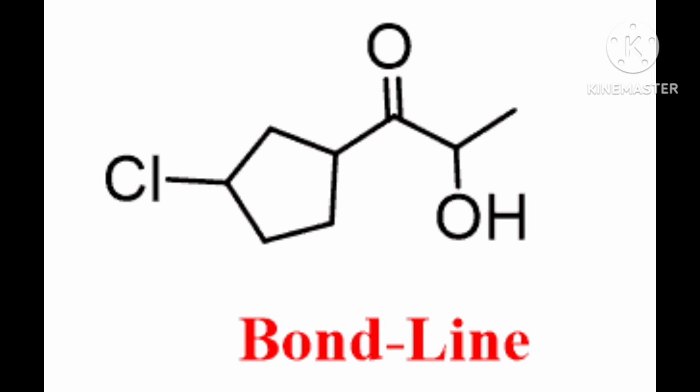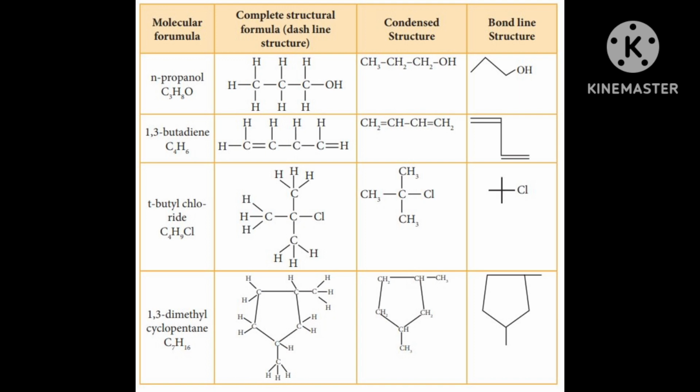Then you will get 5 bonds. Down, both carbons are joined with 1 bond. On both sides the 2 carbons are joined, and from the top, a total of 5 bonds will be there. The name itself is cyclopentane because all are single bonds and all are joined.